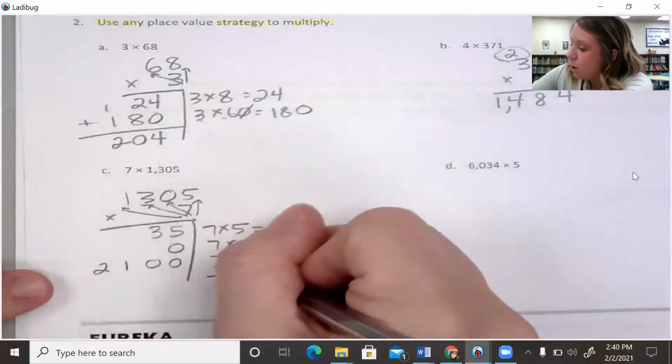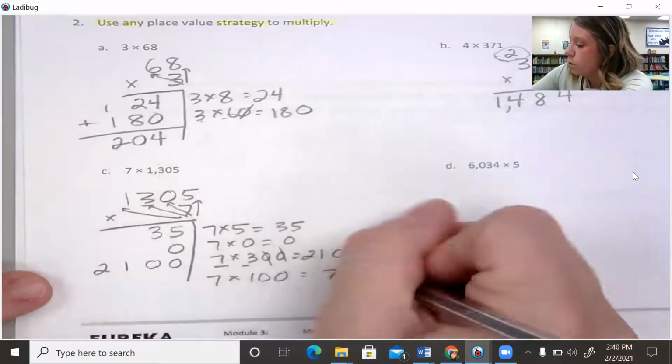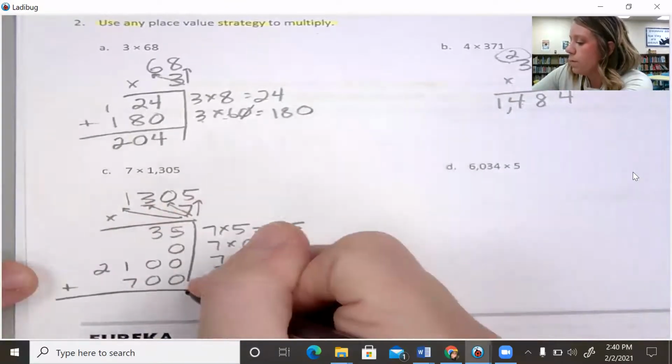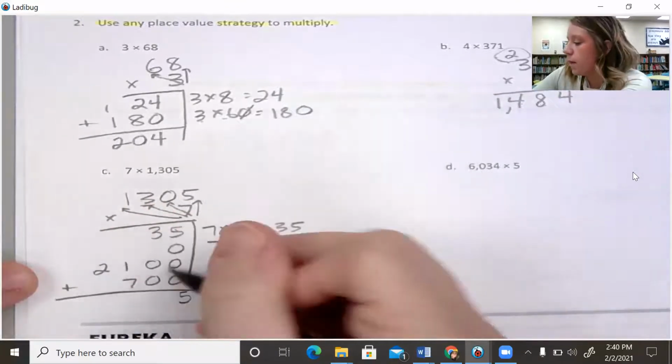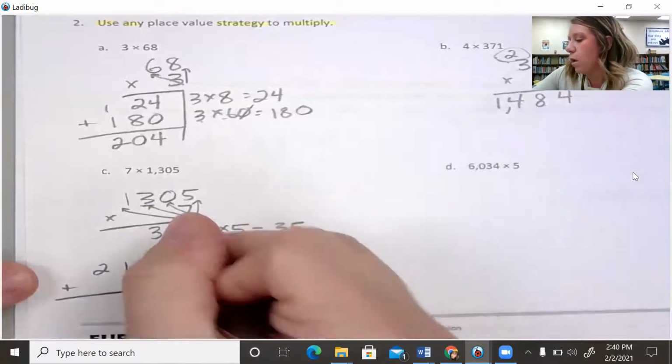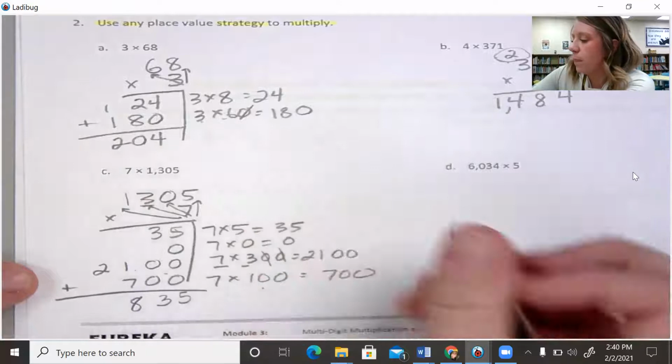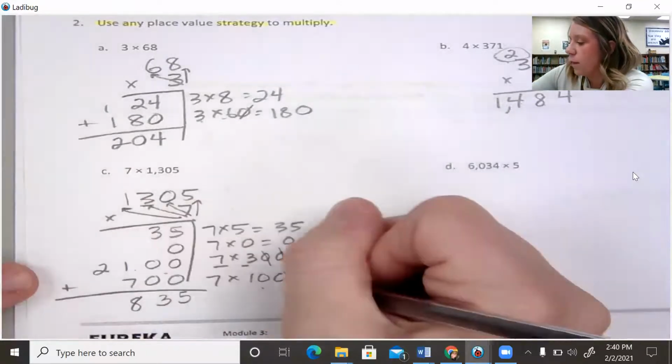Then 7 times 100 equals 700. My ones place, I get 5. Tens place, I get 3. Hundreds place, I get a total of 8. Oh my, back up. This is the thousands place.